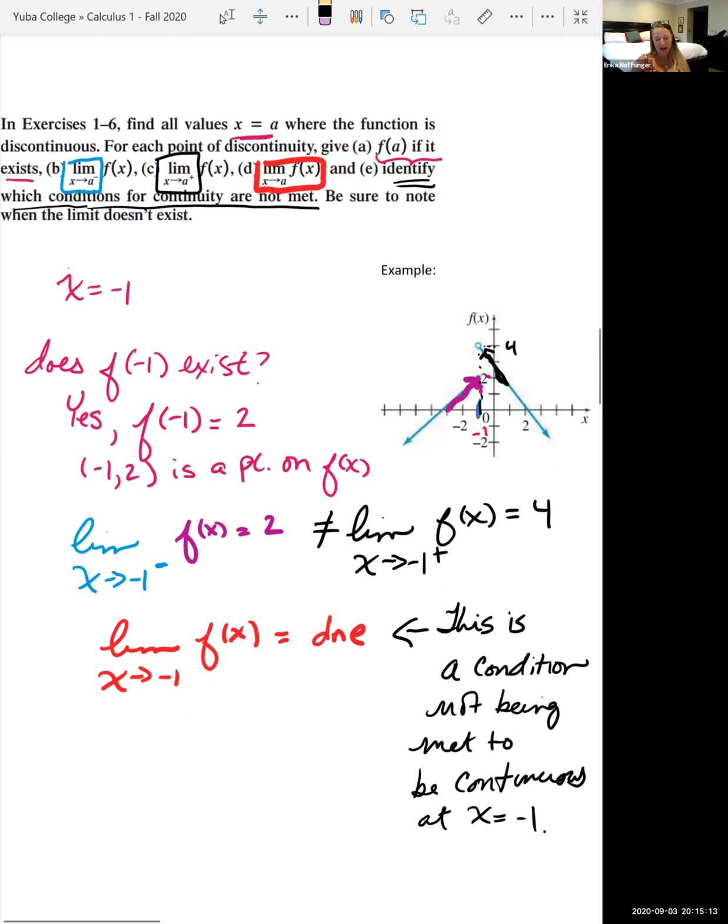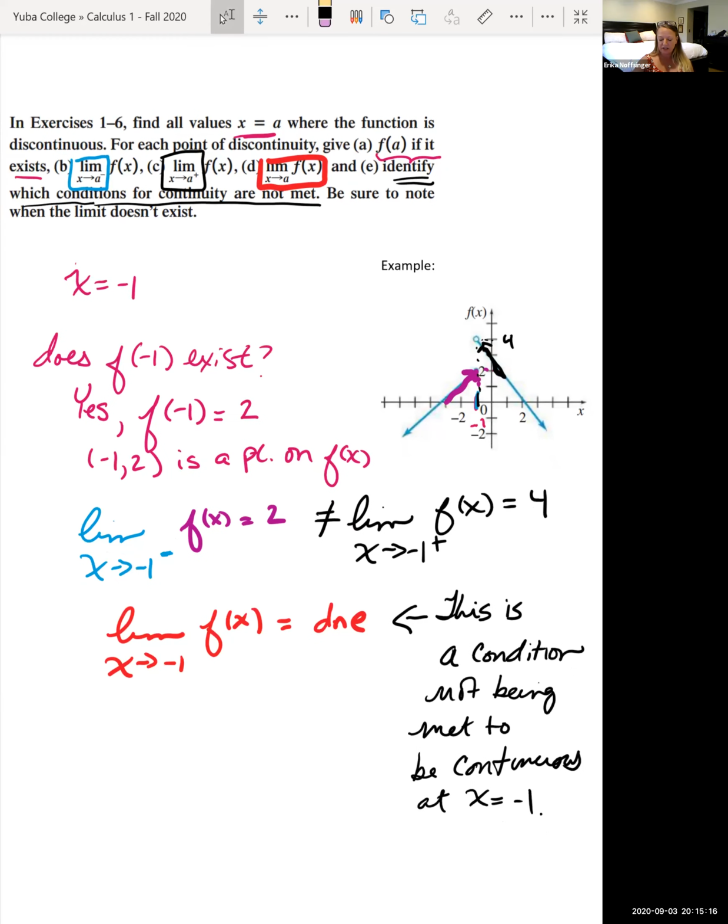Anywhere else on that graph, there's no jump, there's no other open holes, and so it's continuous everywhere else. That's the only problem we have with that one.